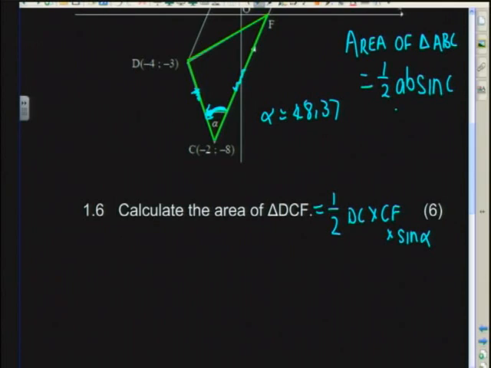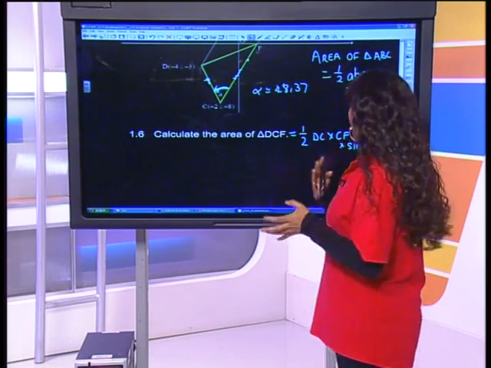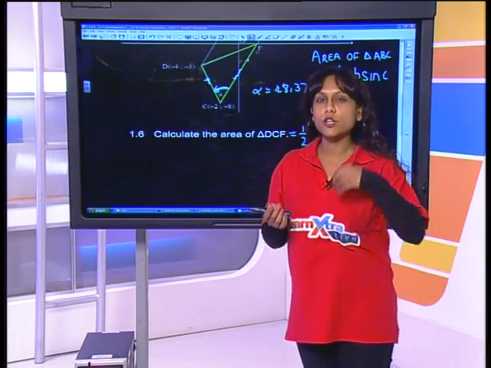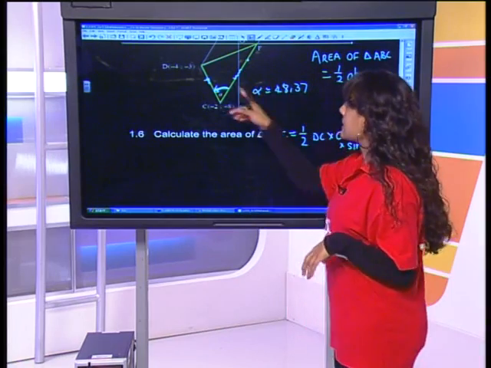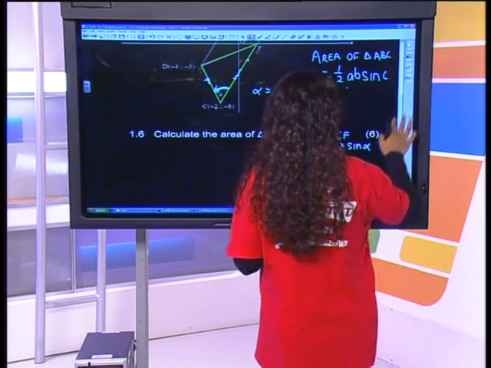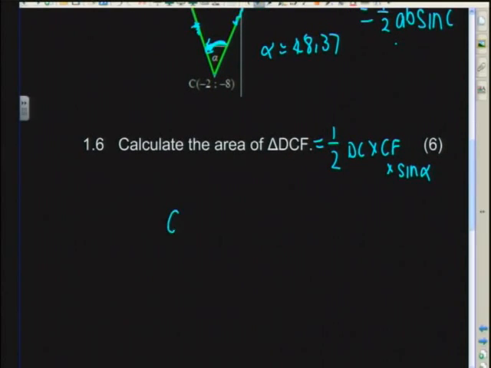What you'll notice, guys, is that we don't have the lengths of DC and CF. So all we've firstly got to do, very simply, is work out the length CD and CF using the distance formula. So let's do that first. So we want CD. So this is from the distance formula.